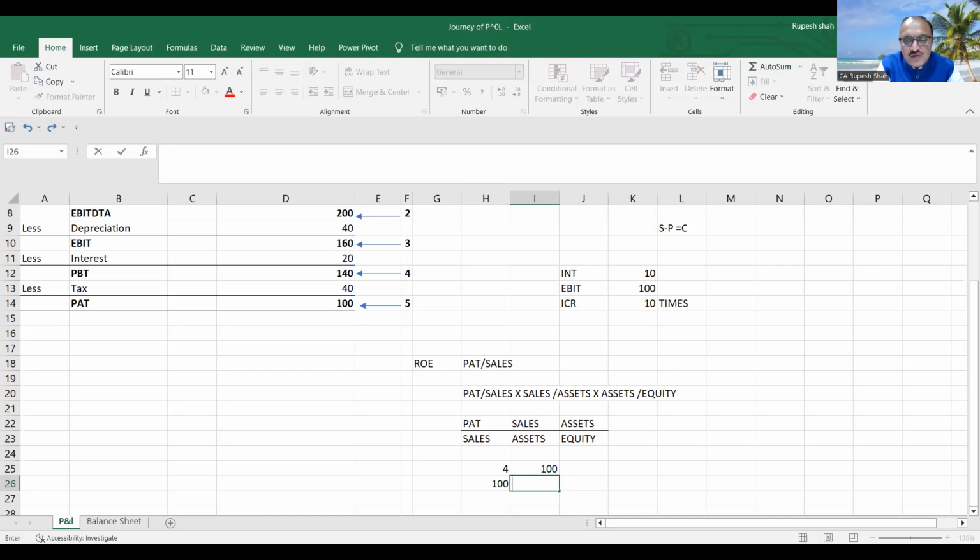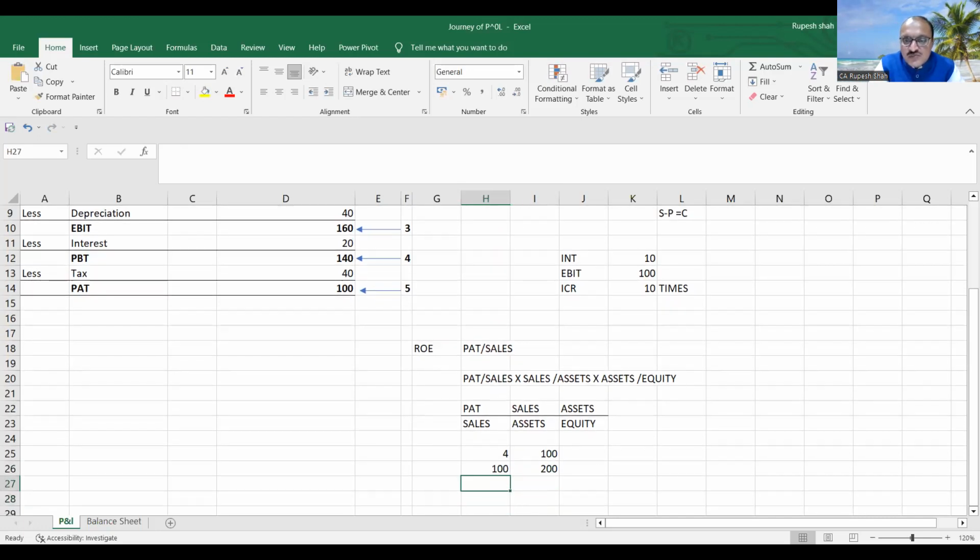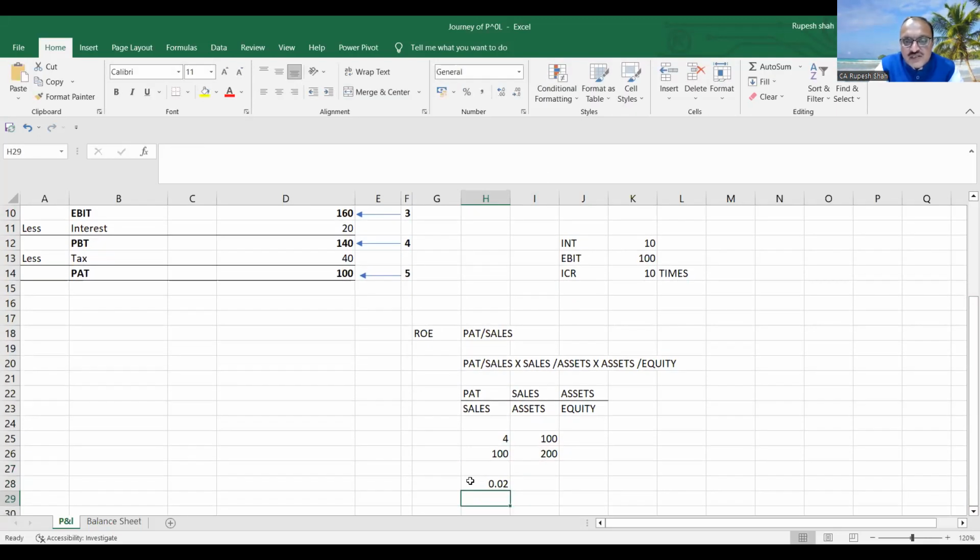So what does it give me? 4 divided by 200. This is my return on capital employed. So my return on capital employed is 2%.